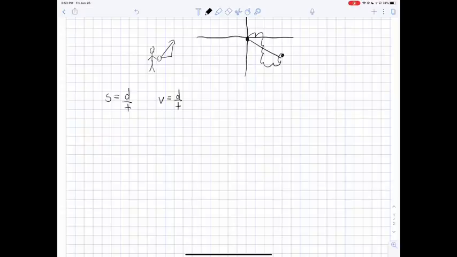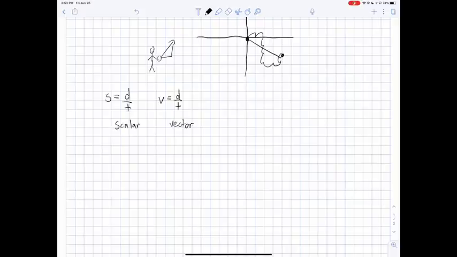Speed is what we call a scalar, and velocity is a vector. Now, a scalar is any quantity where the direction of it does not matter.